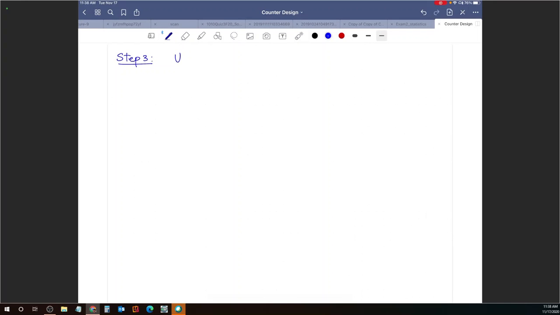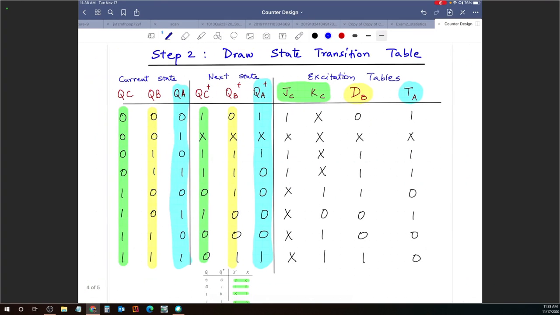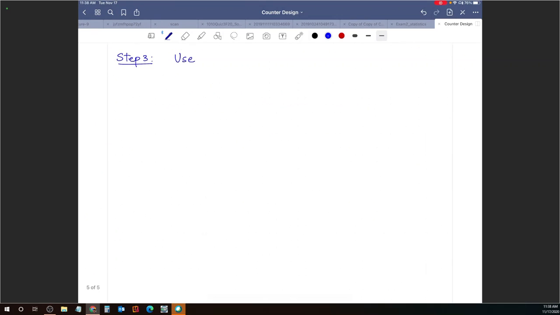We are going to use how many K-maps? Well, I need one for JC, one for KC, one for DB, one for TA. So I need 4 flip-flops, 4 K-maps.